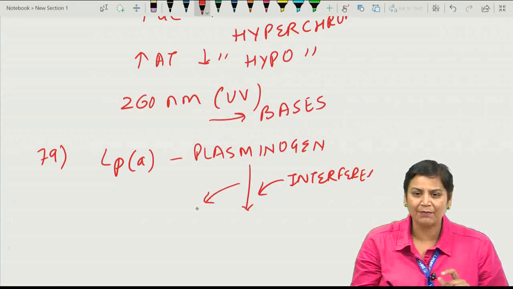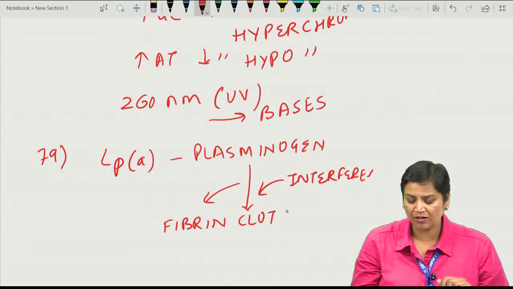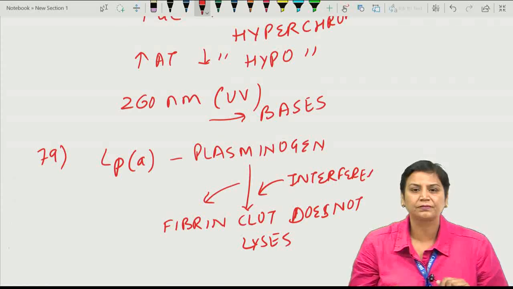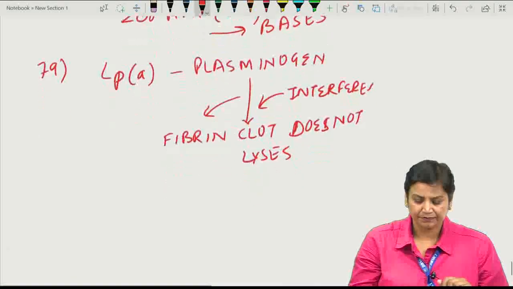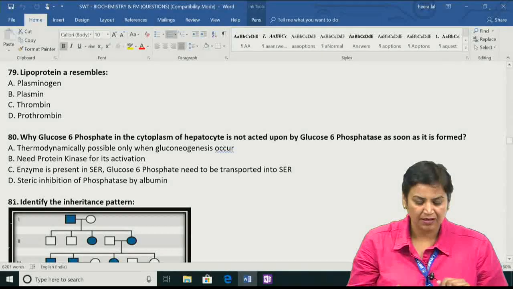So what happens is the fibrin clot is not lysed. The clot does not lyse. So the answer to this is A, plasminogen.